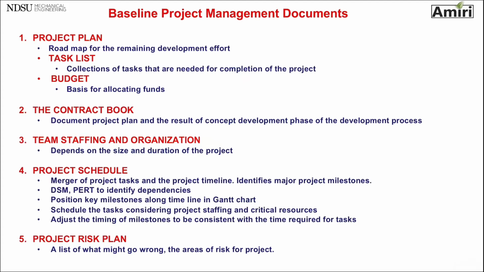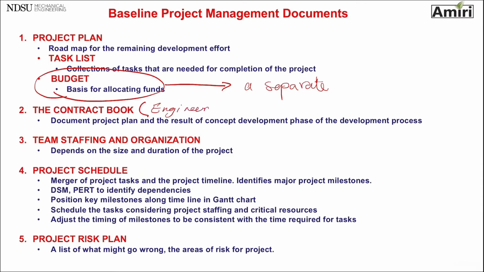In the project plan that you submit, you have a task list, which we're going to talk about next. For senior design, your budget is a separate document, and it is submitted separately. You also have a contract book. In senior design, we call it an engineering notebook, or log book, or lab notebook.